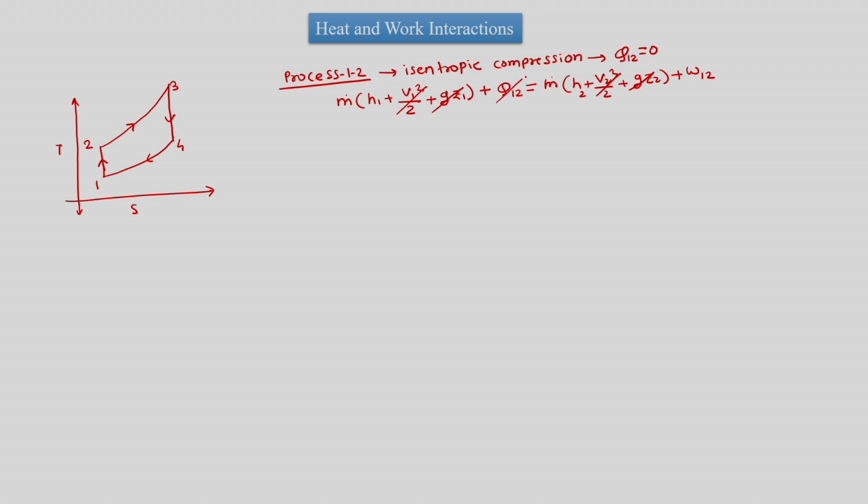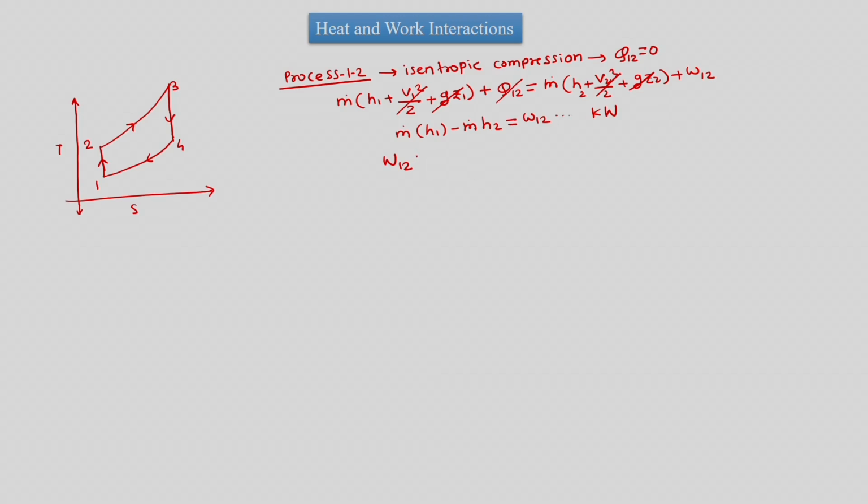We also know that the heat interaction is 0, so we have m dot into h1 minus m dot into h2 is equal to W12. If we are interested in the specific work, then the unit is kilojoule per kg; with the mass flow rate, the unit is kilowatt.